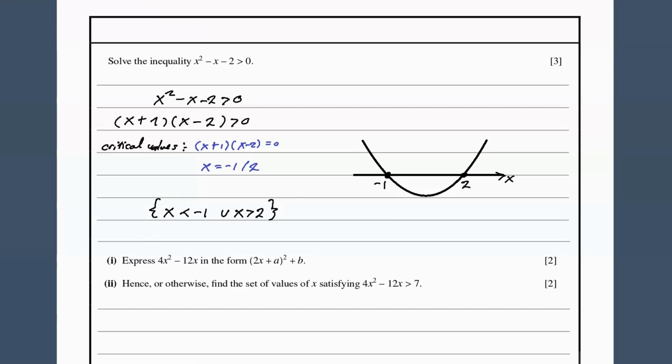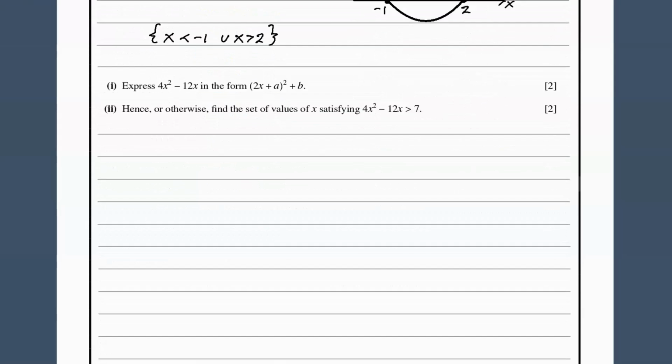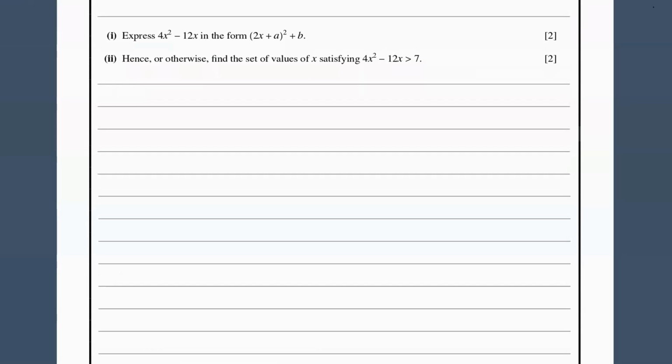Let's look at the next question. On here, part 1, it says express 4x squared minus 12x in the form 2x plus a squared plus b. Okay, let's do part 1. This is simply completing the square. So 4x squared minus 12x equals 4 of x squared minus 3x. I've just factored out the 4.